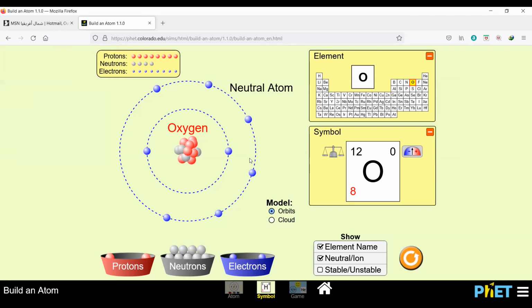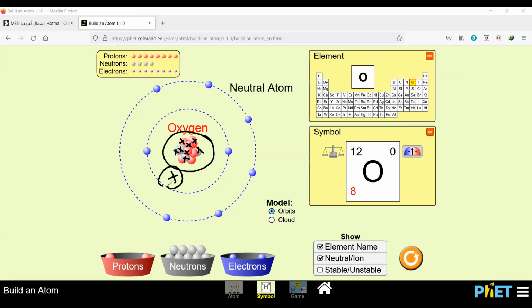Neutral? The atom or the nucleus is neutral? Look, this is the nucleus. The nucleus contains a lot of positive charge and some neutral particles. They don't have a charge.